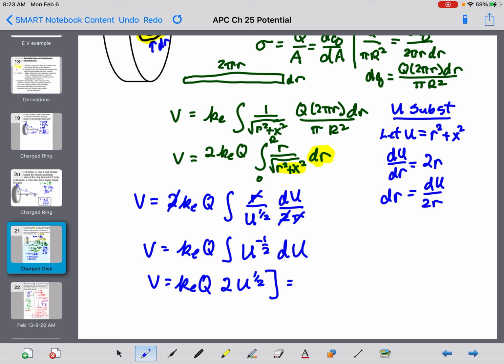So this is 2 k sub e Q, and u was r squared plus x squared, to the 1/2 power, and I'm evaluating that from 0 to capital R.